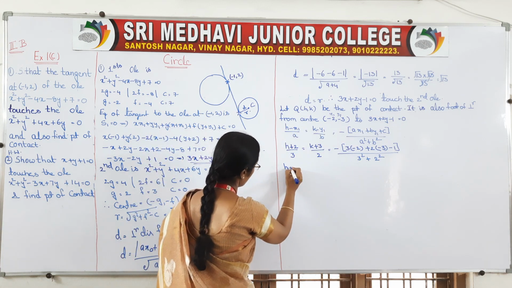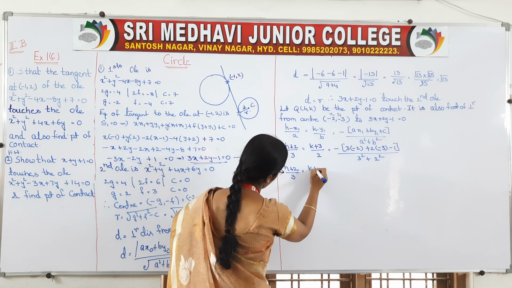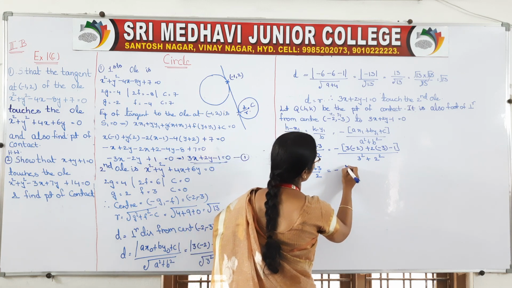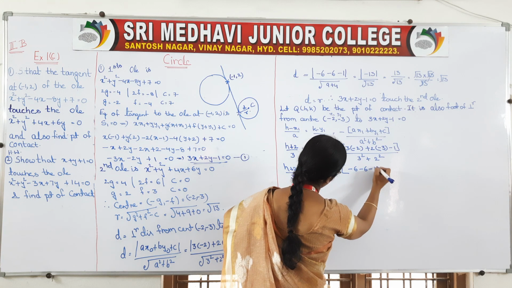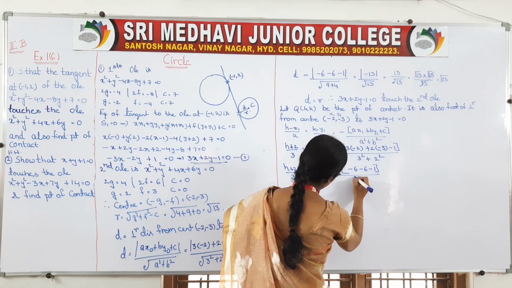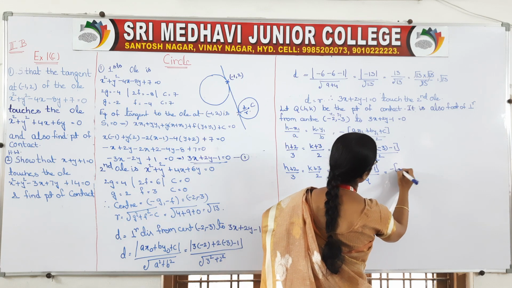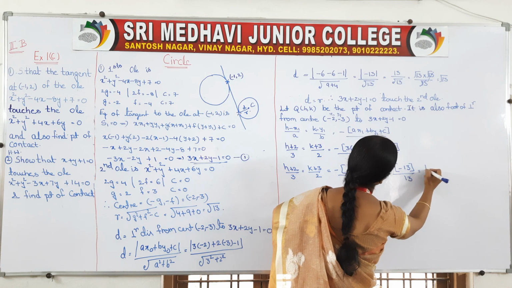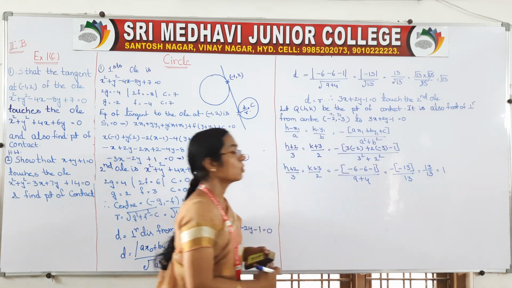So (h + 2)/3 = (k + 3)/2 = -(-6 - 6 - 1)/(9 + 4). Inside the brackets it is -13, right, by 13. Minus of minus 13 by 13 is equal to 1.